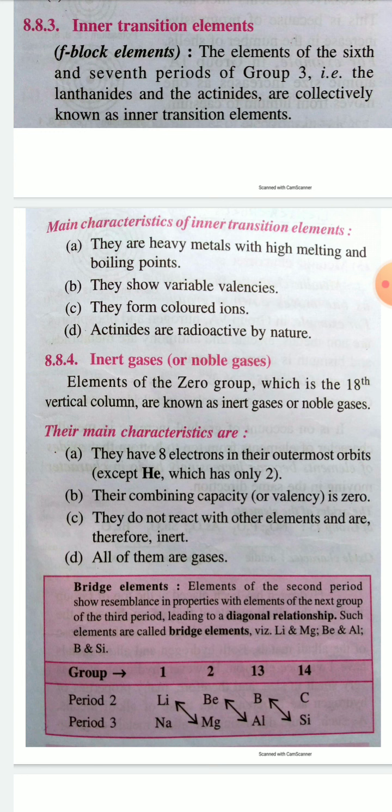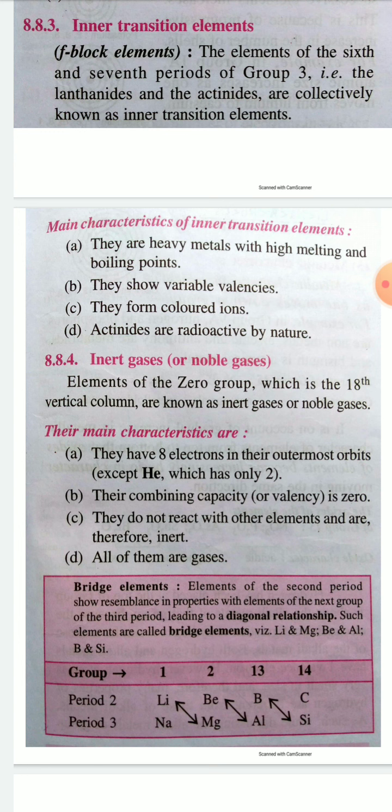Their main characteristic is that they have 8 electrons in their outermost orbit, except helium, which has only 2 electrons in its outermost shell. All the other noble gases have 8 electrons in their outermost shell.